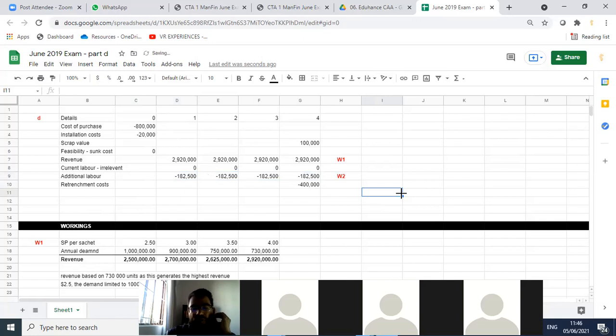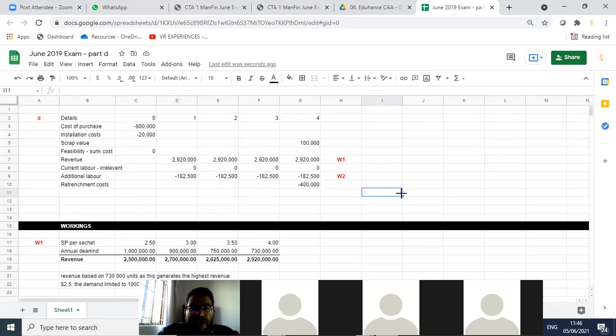Just take note that the thing Tao raised is important. This is a typical thing that will come through when you do relevant costing, which falls under the cost accounting banner.